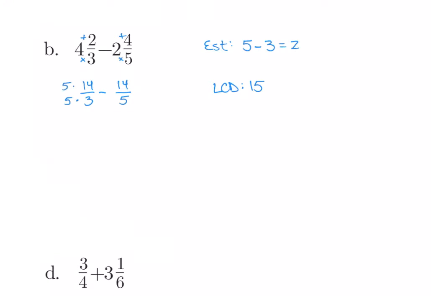And 5 times 14, we should get 70. To get from 5 to 15, we want to multiply by 3. 14 times 3 is 42 over 15.